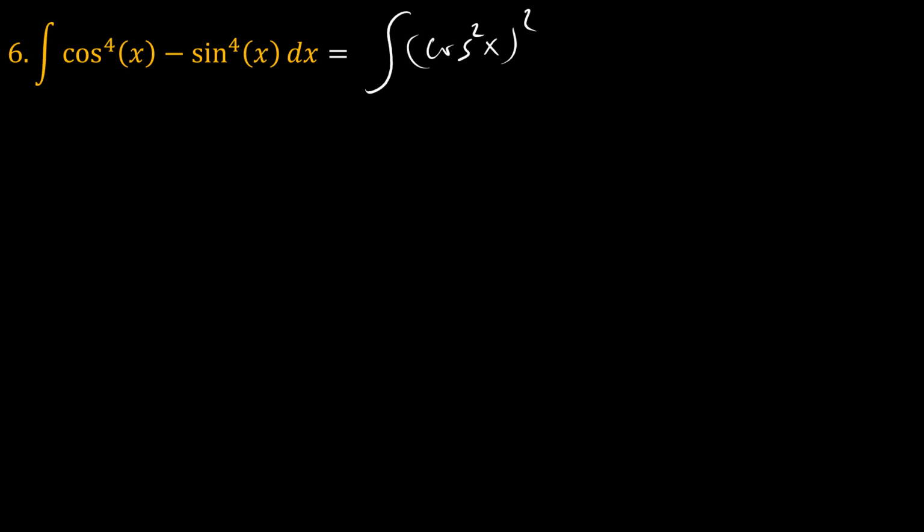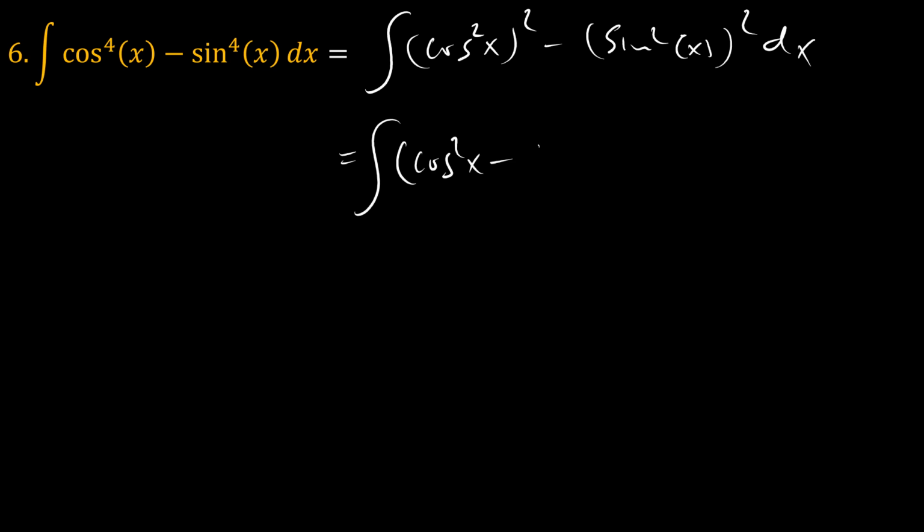With this problem here, we are just going to deal with it in a very fast way. What we see here, we can re-express this as the integral of cosine squared minus sine squared, and using the difference of two squares, that's the same as cosine squared x minus sine squared x times cosine squared x plus sine squared x, right?